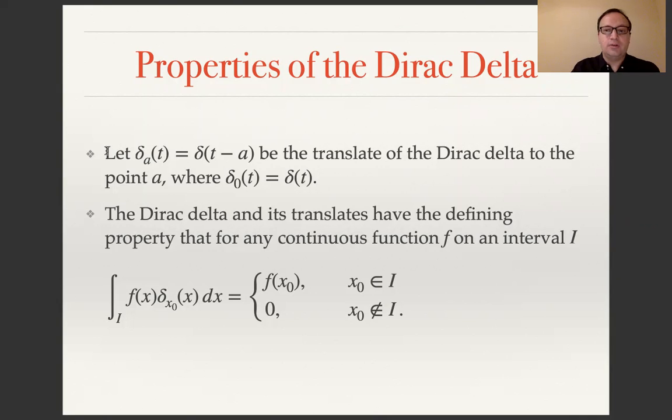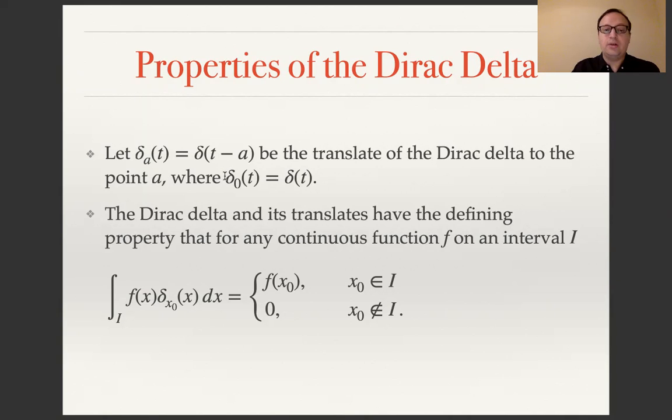But if we want to represent a point mass at another point, then we should use a translate of the Dirac delta. In general, the family of these translates are called delta_a of t, which is delta of t minus a, and they can be used to represent a point mass at any point a.